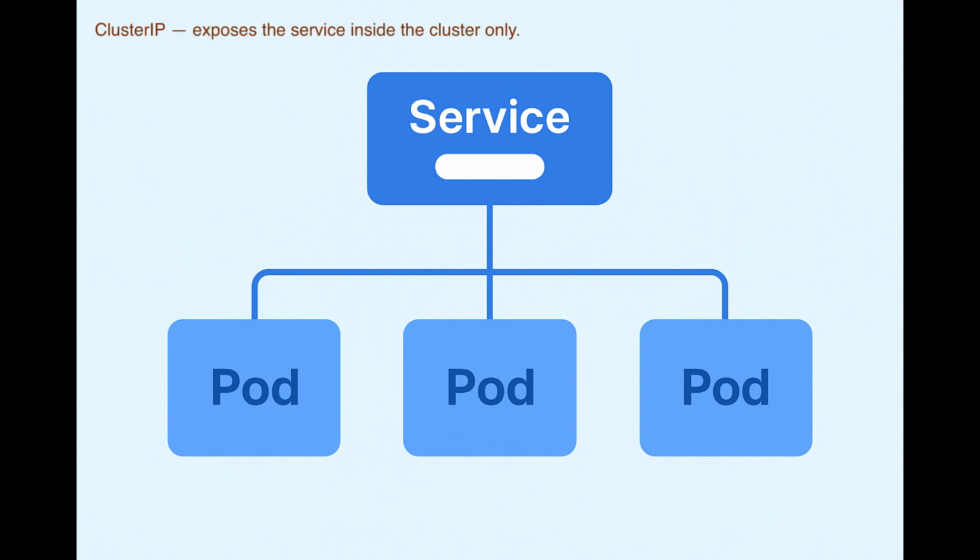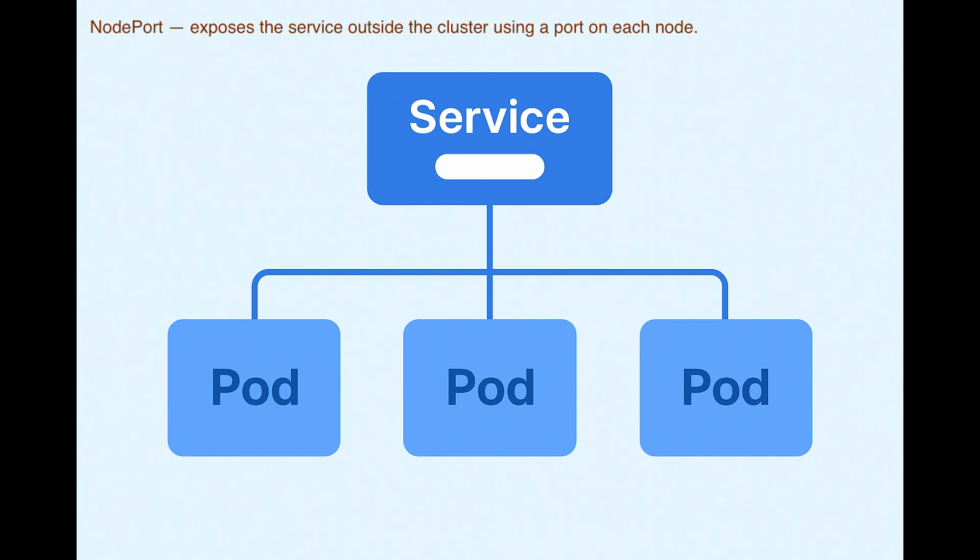Within the cluster, if your services want to communicate with each other, they will be using ClusterIP. The second one is NodePort, a type of service which opens a static port on each node and allows external access using the port. For example, it is perfect for local kind clusters or on-prem setups. If you want to test your deployment from outside the cluster, within the cluster you can use ClusterIP, but to access your service from outside, it will give a static port on each node.